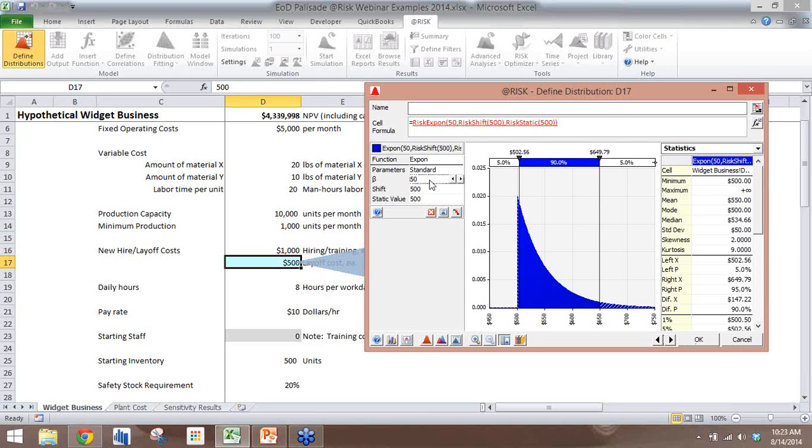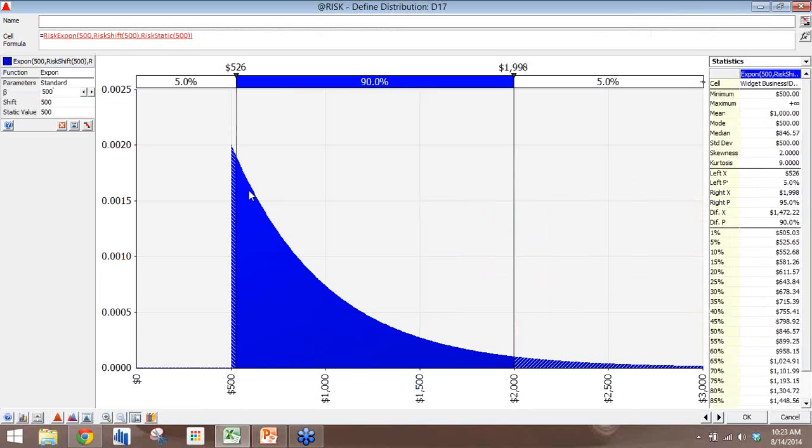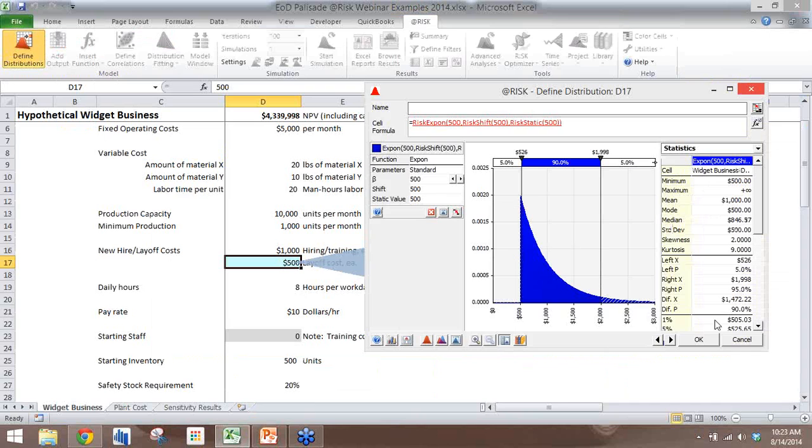But what I'm going to do is I'm going to really skew it here. And so as you can see here, the lowest value, let me blow this up here for you. The minimum value is 500, but you have these outlying values that become higher and higher and higher in the distribution. So I've determined that I think that is a good representation of my layoff cost.